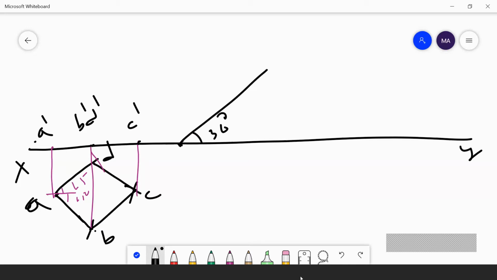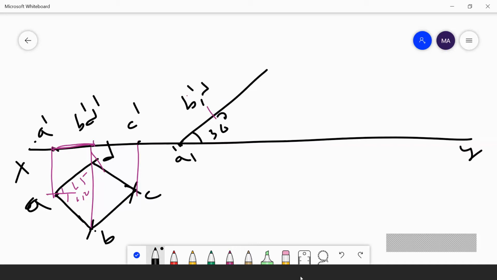I am marking this point as A1 dash. I will measure from A1 dash to B1 dash on this line with the compass and cut an arc here.